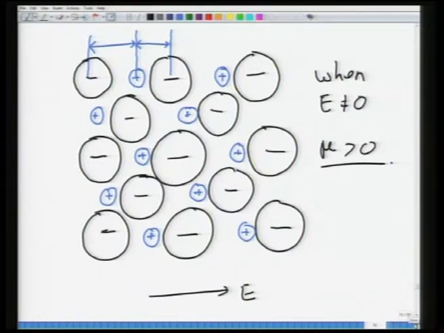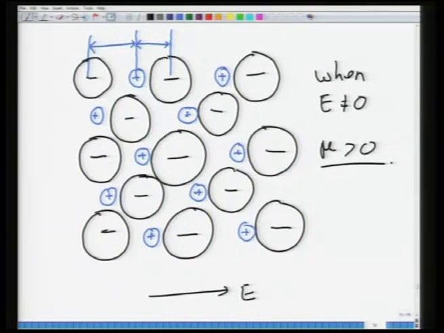When we apply field, there is a relative displacement of ions with respect to each other. For instance, in this schematic diagram, the cations are all shifted towards the right, which means they are closer to their right anion neighbor as compared to their left anion neighbor.